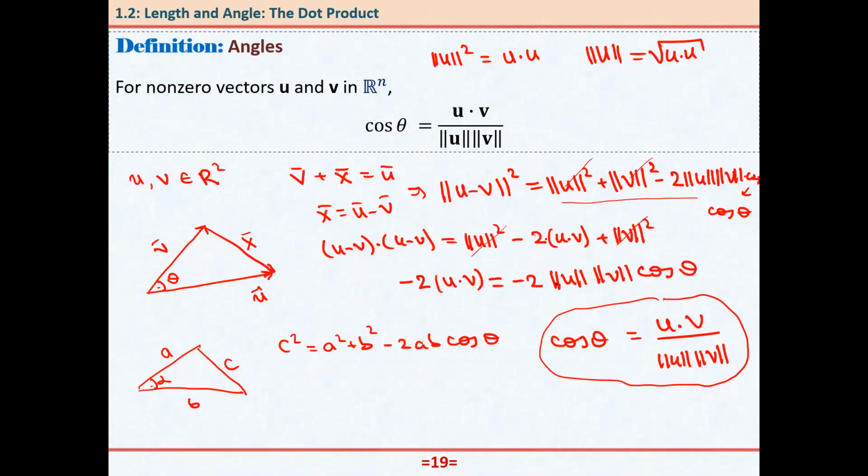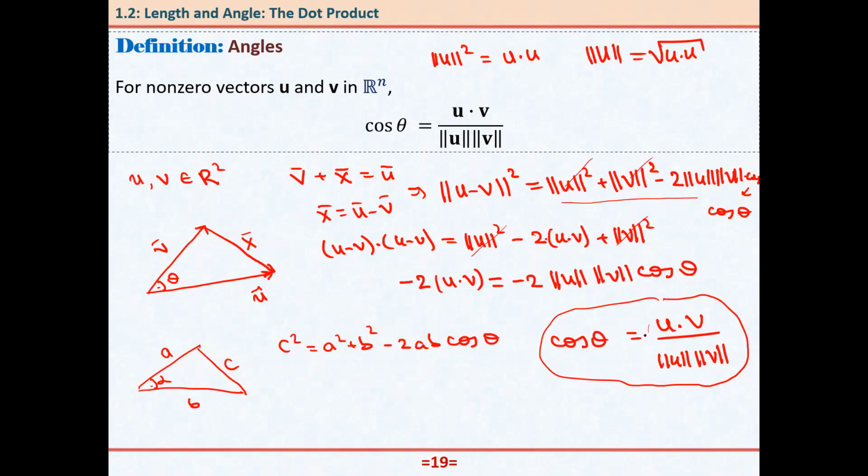For n dimensions, we have just generalized it as a definition, because how do you prove it for, for example, four-dimensional or five-dimensional space? So we're just giving this as a definition. For two-dimensional space we can give it as a theorem, so that is a proof. For three-dimensional space, when you do this, we get the same thing.